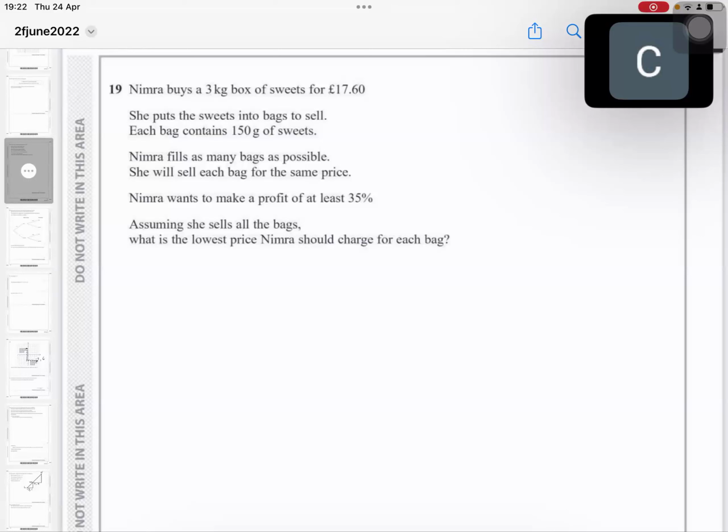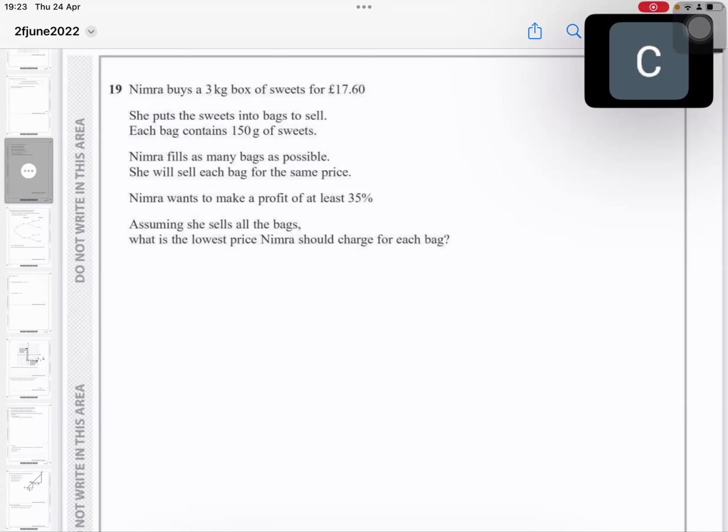Now, remember, the cost price is 17.60. So let's find the cost price for one bag. We're going to divide 1760 by 20. Let's convert it to just pence. 1760 divided by 20.